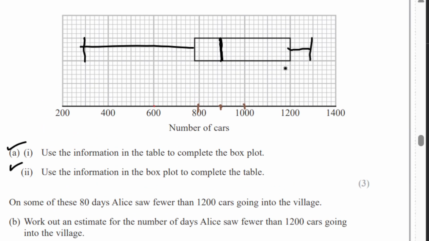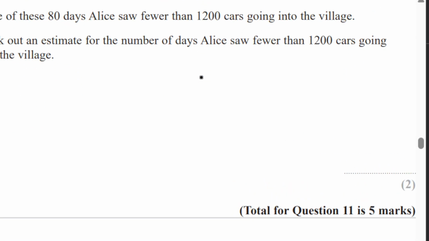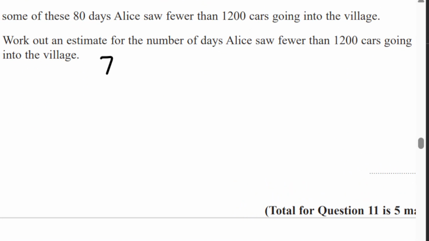1,200 is here, right? Which is Q3. Less than Q3 is all this, and this is always 75%. So what we need to do is find 75%.